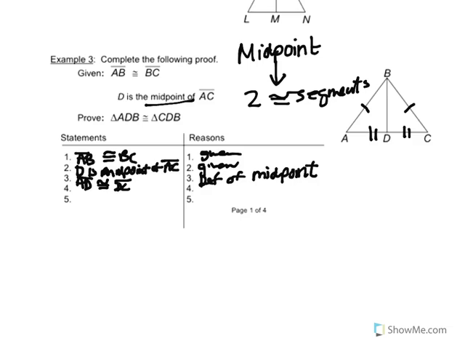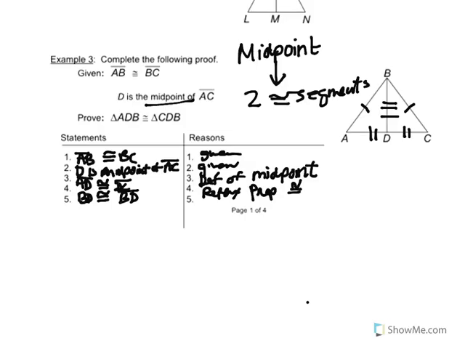Now, let's think about what else we know. What else can we conclude on this triangle? Well, we can say that BD is congruent with BD. And how do we know that? That is the reflexive property of congruence.